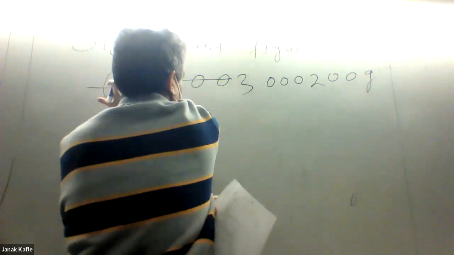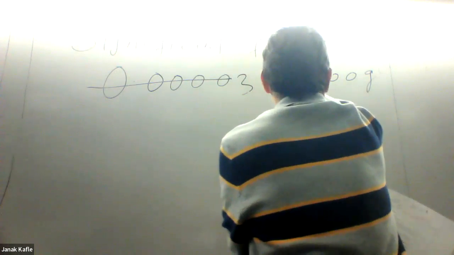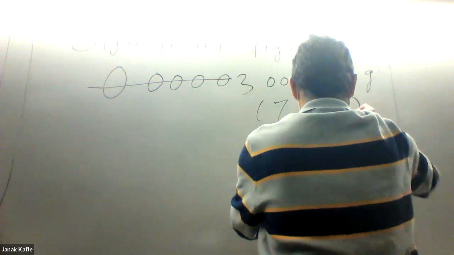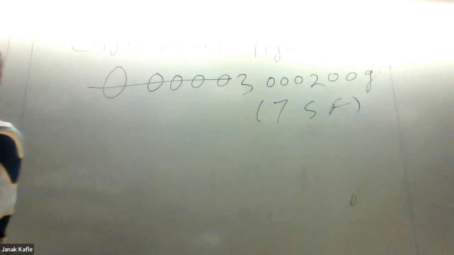So these are non-significant, and the significant figures are 1, 2, 3, 4, 5, 6, 7. So this is a 7 significant figure number. Make sense? If there is a decimal, all zeros that are in the front, they are called the front zeros. They are not significant. And all other zeros are significant.